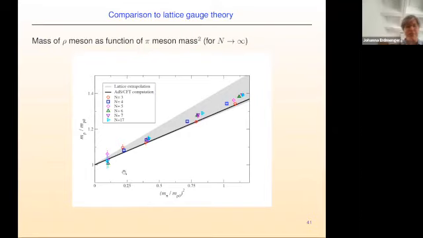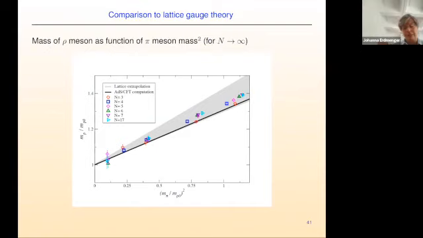So for the sake of the argument, we allowed this to vary, but one of the parameter values of this m pi on this line corresponds to the physically observed value. And so we have consistency with the experiment here.